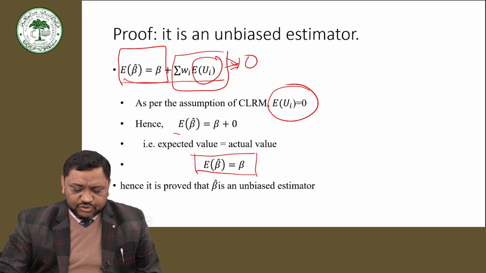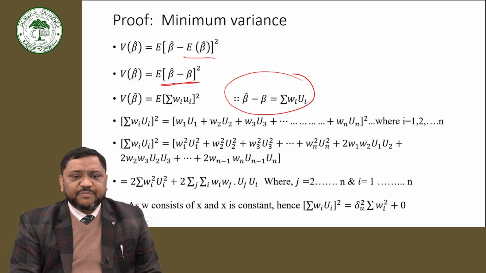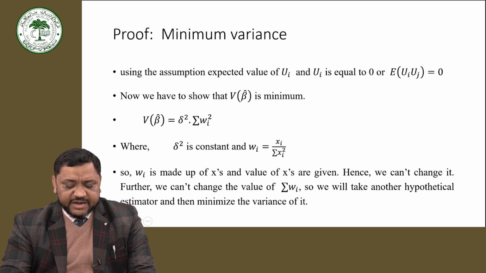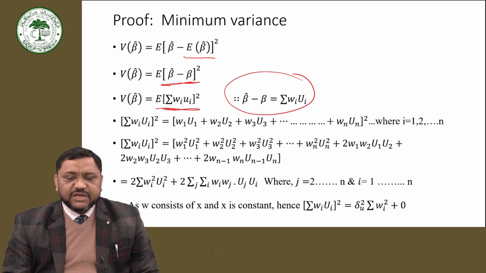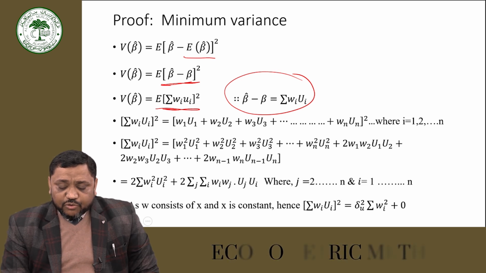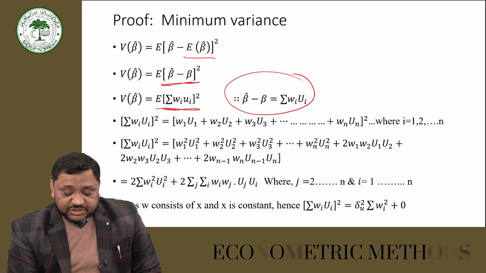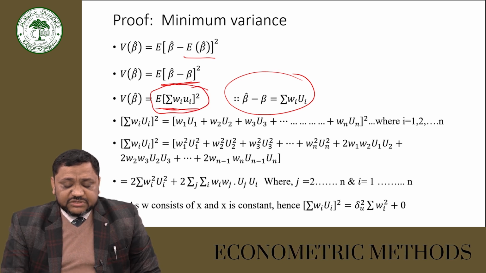So we use this information here: in place of beta hat minus beta, we simply write summation wi ui. Now we have this term, expected value of summation wi ui whole square.